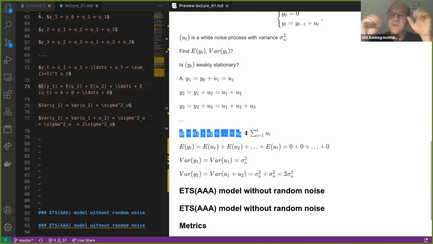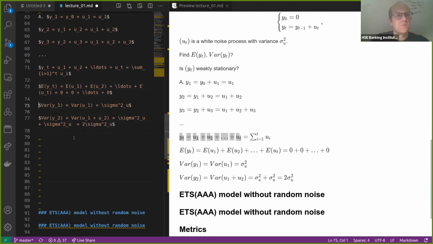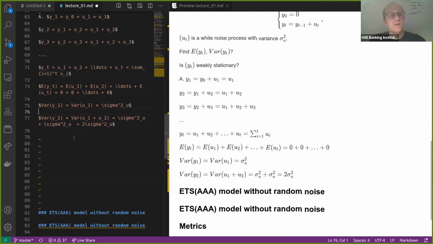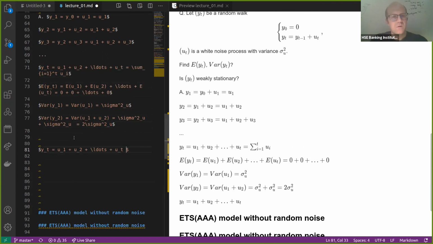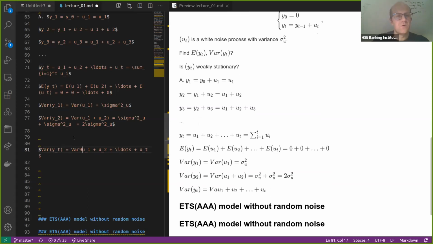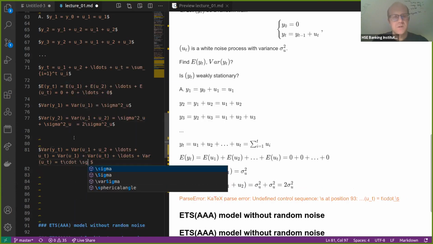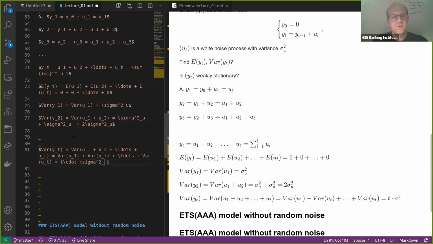If I calculate the variance of Yt, I will have the variance of U1 plus the variance of U2 plus a lot of variances here, plus the variance of Ut, and finally I will have t times sigma squared u.